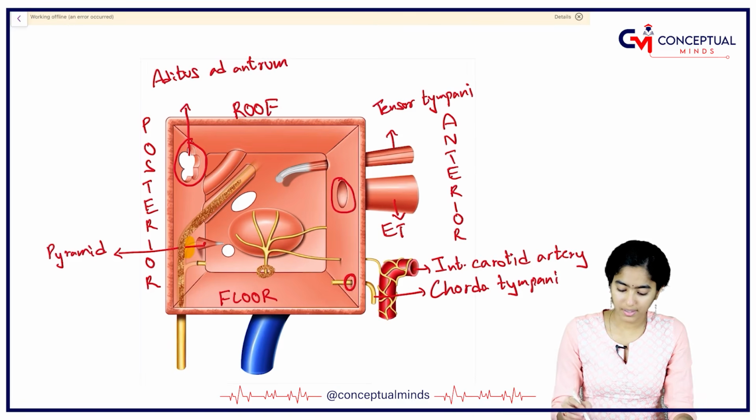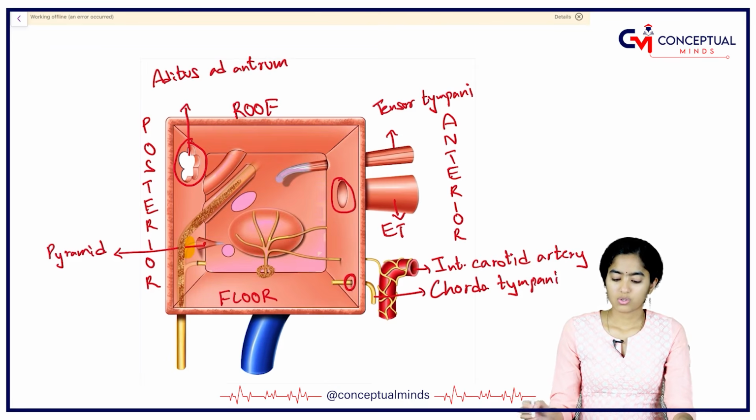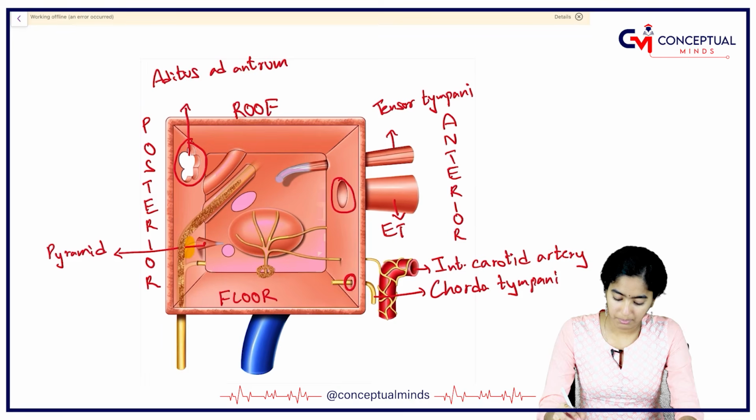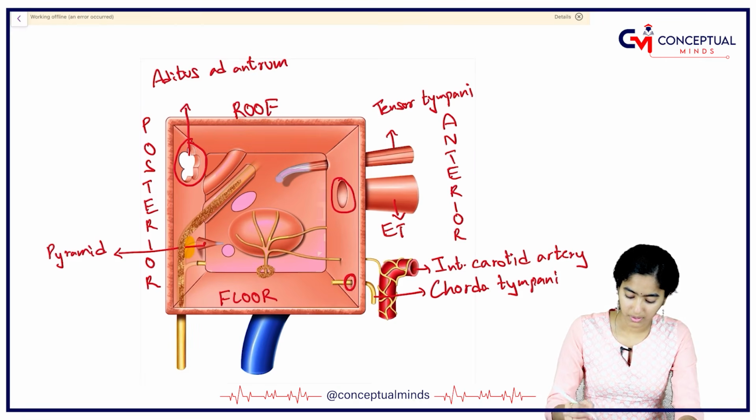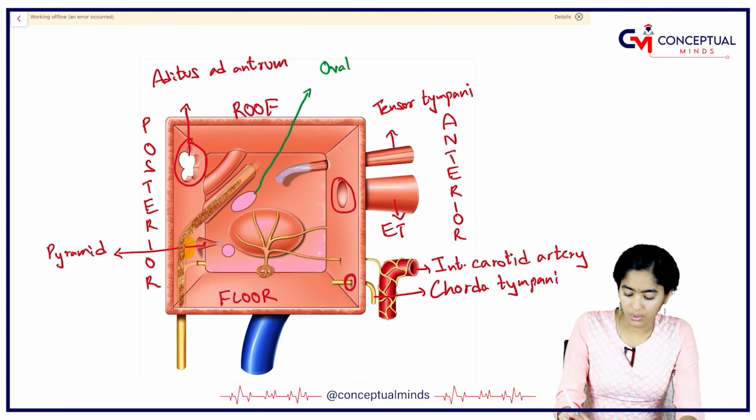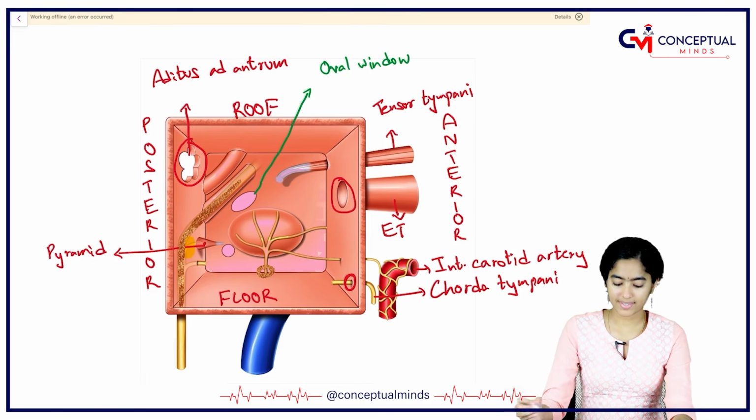So this entire part, this is the medial wall. So let us label all of them. I am using a different color for distinct understanding. This oval structure that you are seeing is the oval window. It is holding the footplate of stapes.